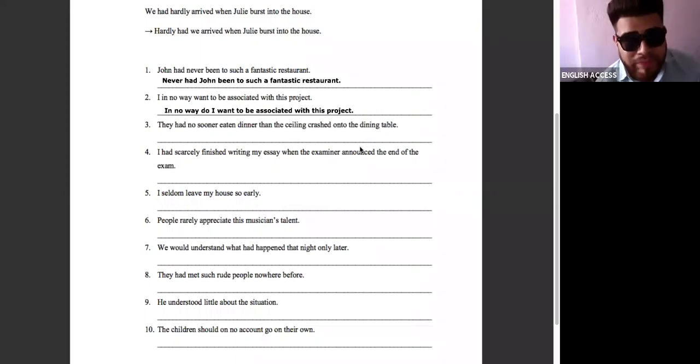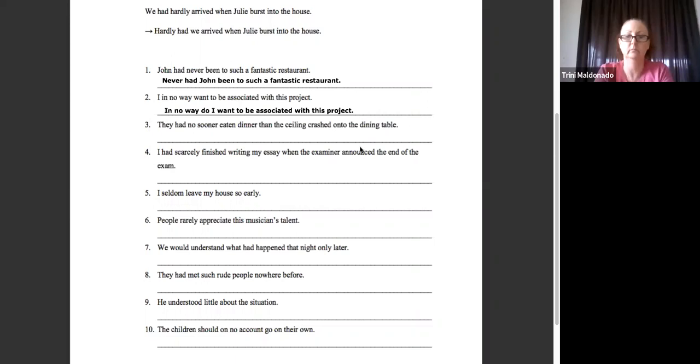Number 3. They had no sooner eaten dinner than the ceiling crashed onto the dining table. Okay, that's a weird sentence, but anyways.